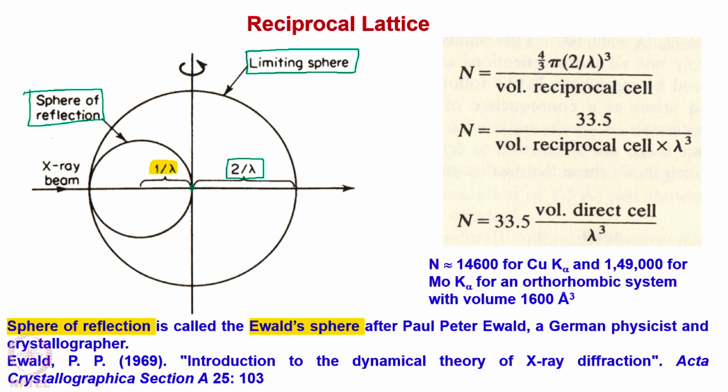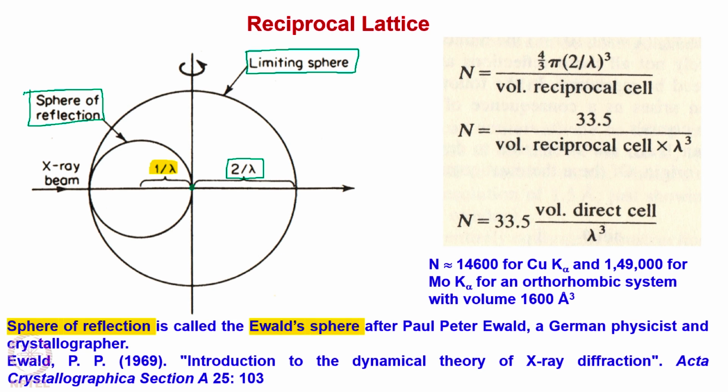This sphere of reflection is also called the Ewald sphere after Paul Peter Ewald, a German physicist and crystallographer, and he introduced this concept of sphere of reflection and limiting sphere in his article in 1969 in Acta Crystallographica. The reference is given here.